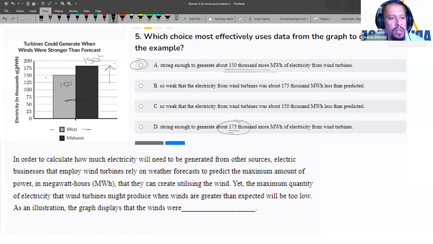Because this one does not produce, but the other one produces 175,000. Okay, so we're talking about both, like he told me in the chat. So yeah, D can be an answer because the other one can produce more than 150. Yes, I got you. Okay.